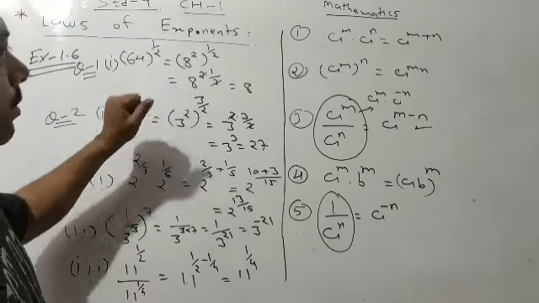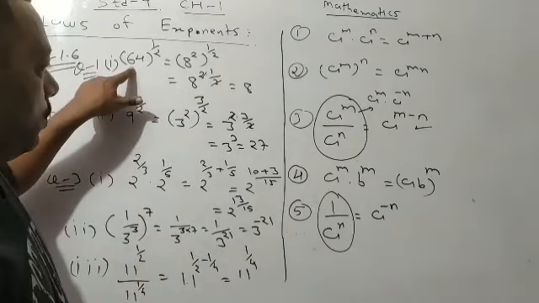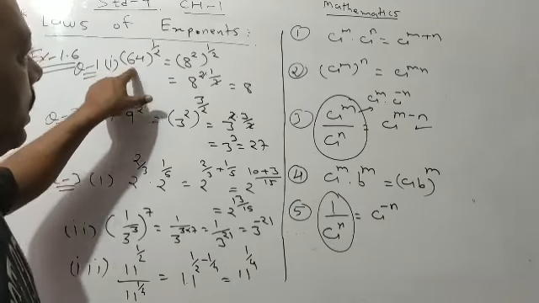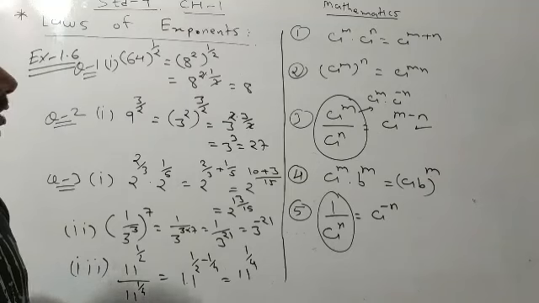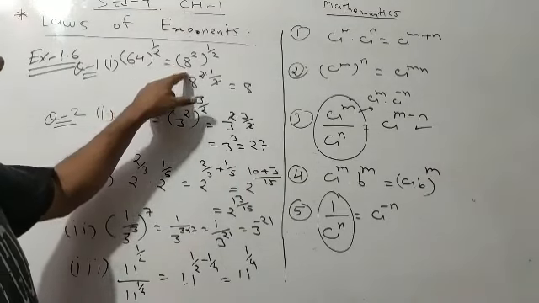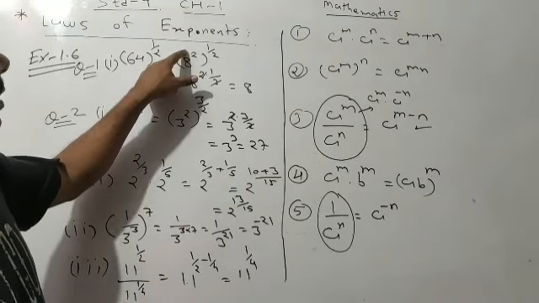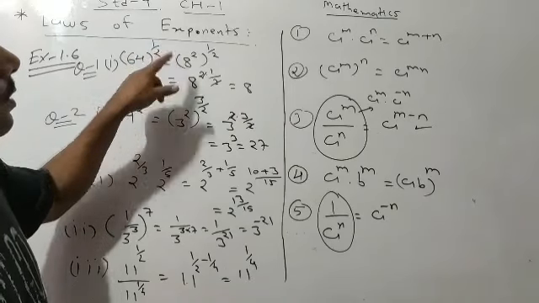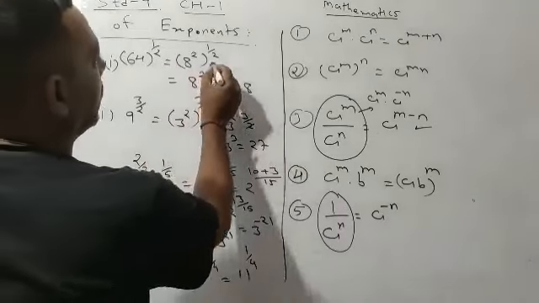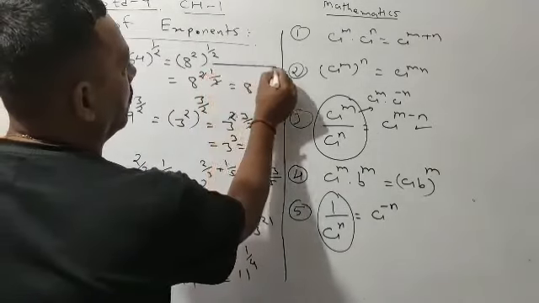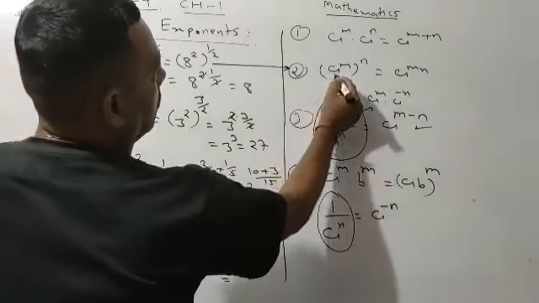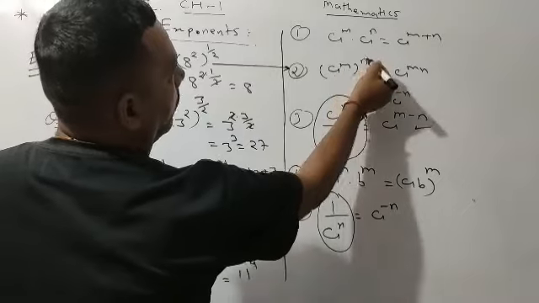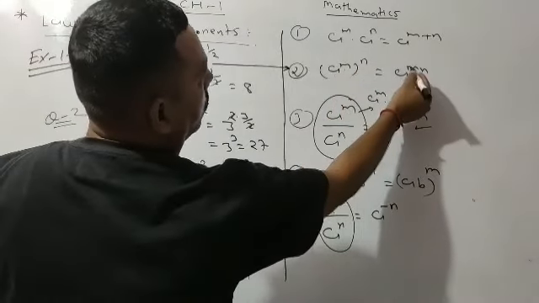Now, we know that 64 is rewritten as 8 square. You know very well, 8 square is 8 into 8, that is 64. So we can write 64 as 8 raised to 2, but 1 by 2 is as it is. So we can link this with the second law of exponents, a raised to m whole power n, whose answer is a raised to m into n.